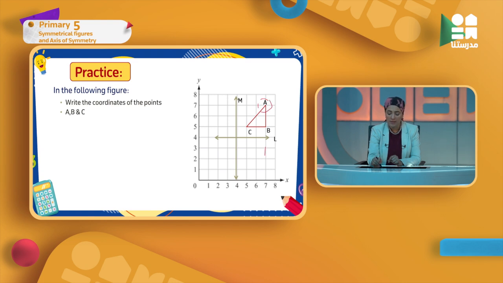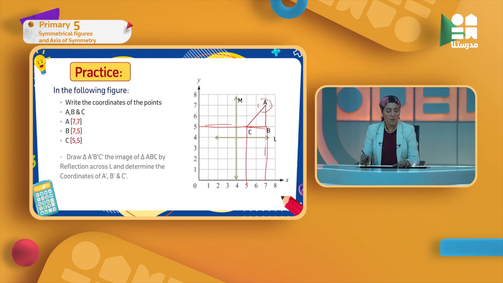The point A is 7 and 7, because it's 7 on the x-axis and 7 on the y-axis. Now the point B is 7 and 5. The point C is 5 and 5.